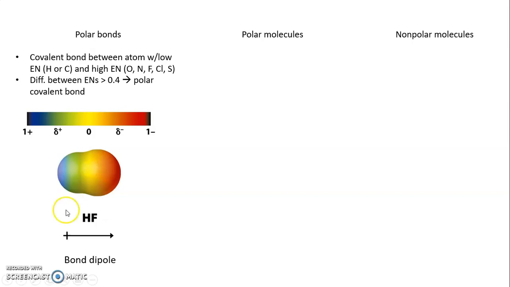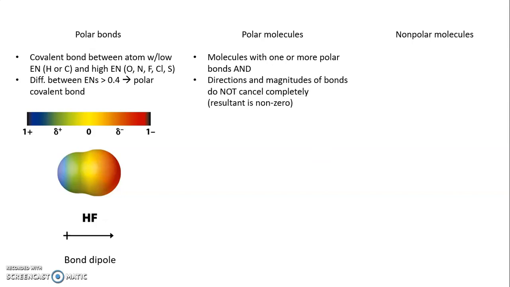All right. Polar molecules are molecules that have polar covalent bonds. But that is not a sufficient condition for a molecule to be polar. It has to have polar covalent bonds, and when you add up the magnitudes and directions of all of the polar bonds in the molecule, the result has to not be zero.